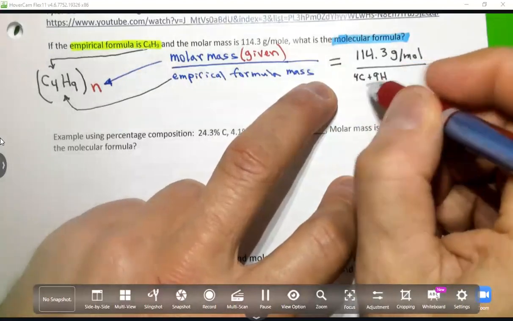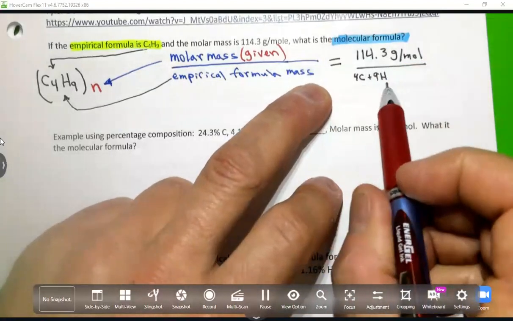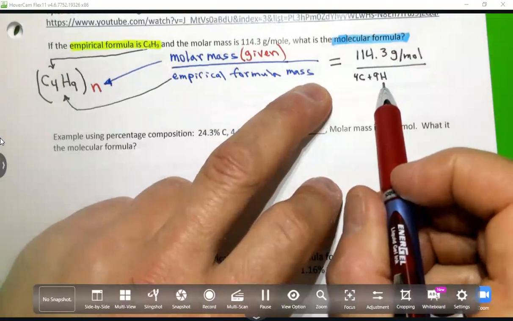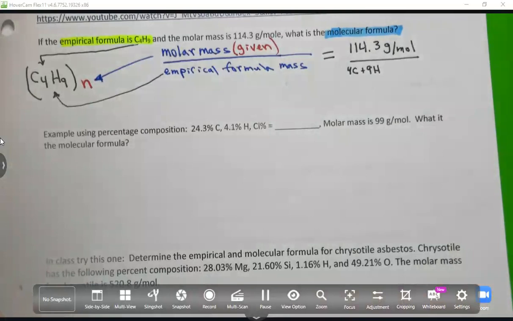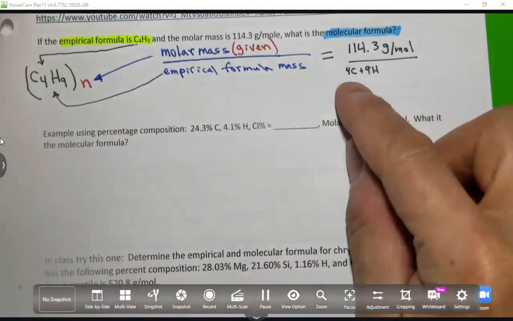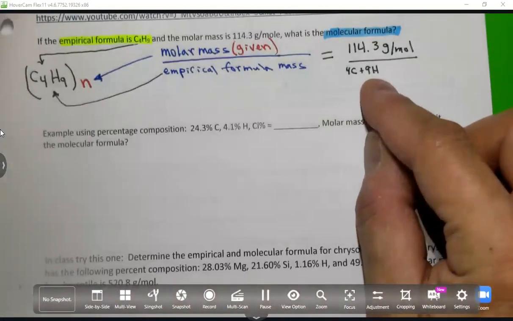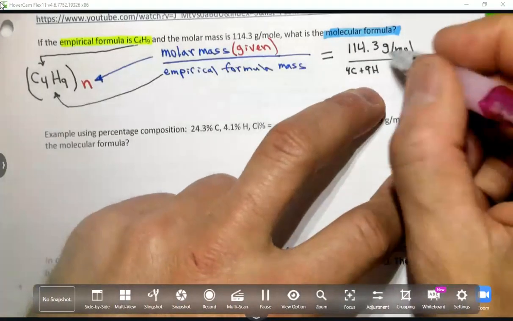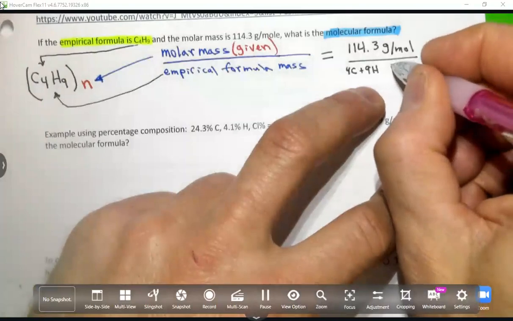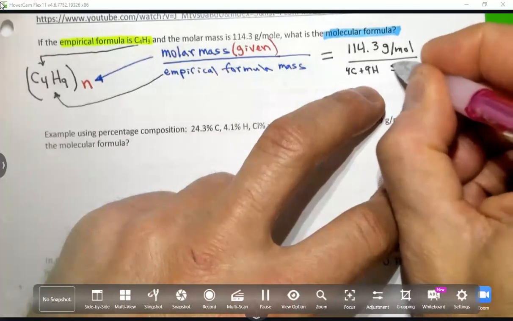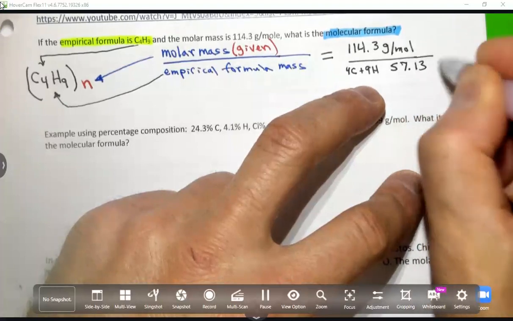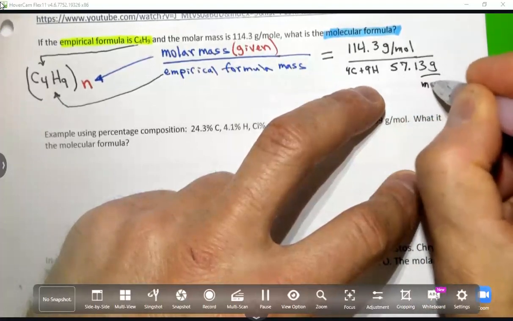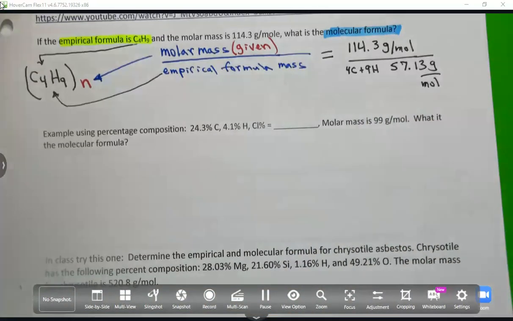And hopefully you've got the memorized 12.01 and 1.01, so we'll grab calculators and put that in there. So 4 times 12.01 plus 9 times 1.01 is 57.1.